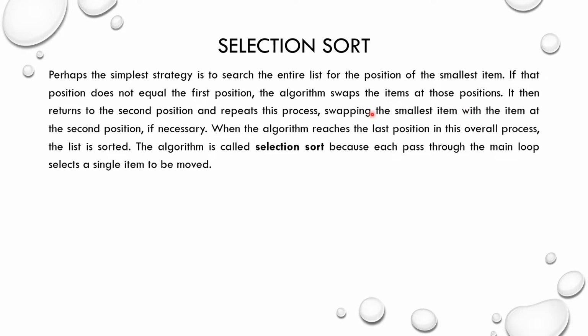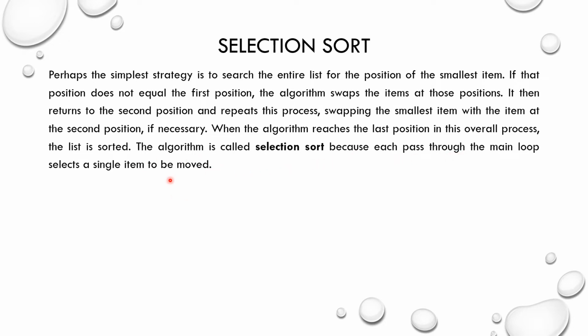It then returns to the second position and repeats this process again and again, swapping the smallest item with the item at the second position if necessary. When the algorithm reaches the last position in this overall process, the list is sorted. The algorithm is called selection sort because each pass through the main loop selects a single item to be moved.